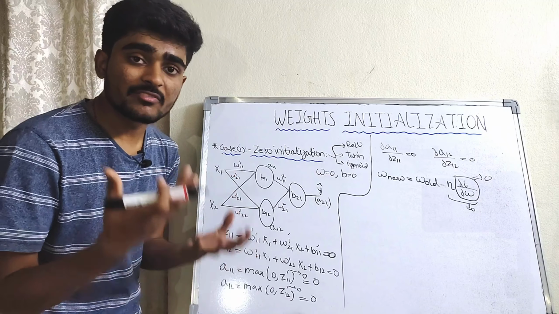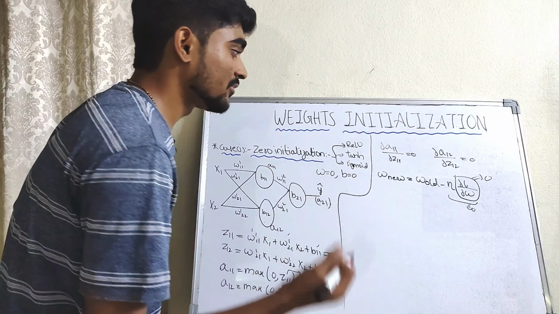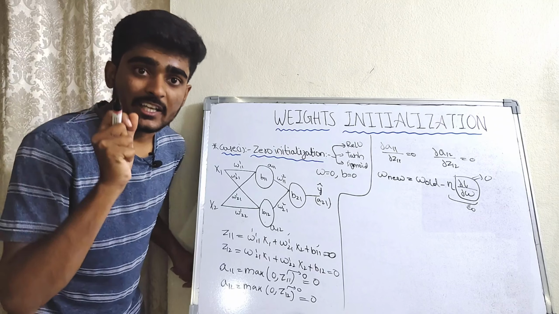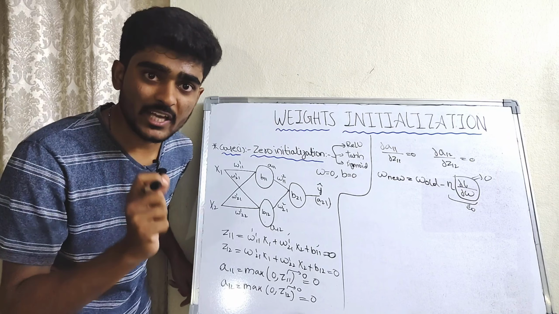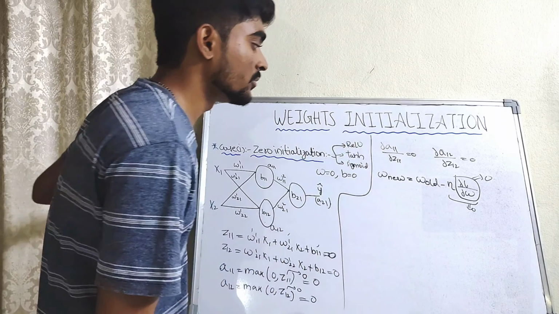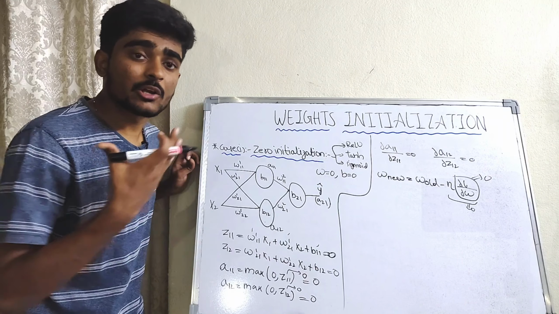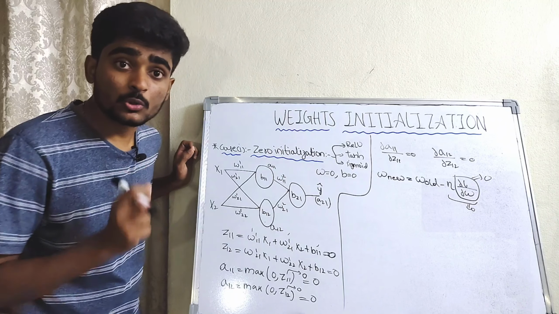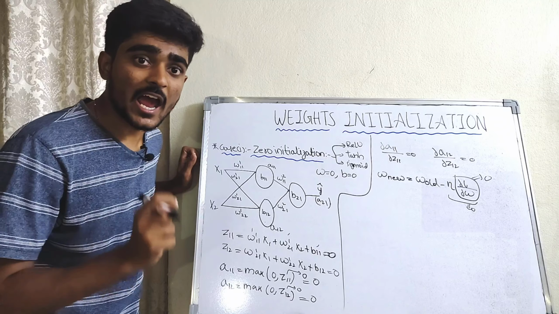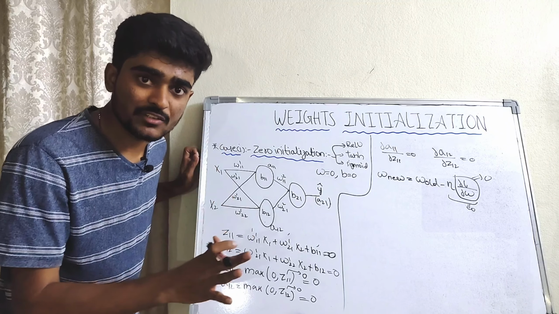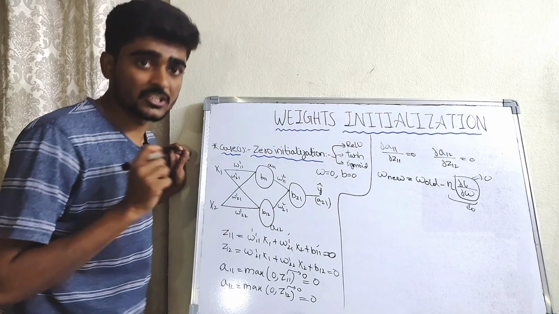When both these weights are equal, we have the problem of dying relu. We have already clearly discussed the problem of dying relu. What is dying relu? The inability of the relu activation function to update the weights and bias parameters.